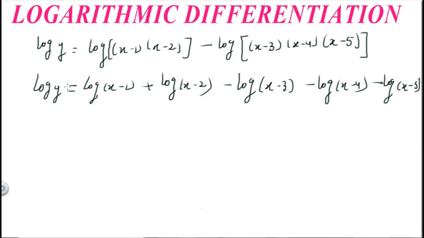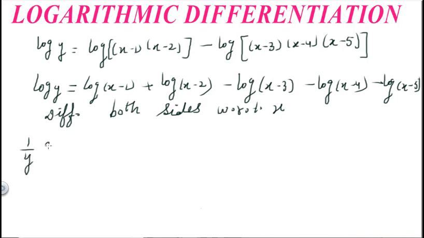Now we can differentiate both the sides with respect to x. So you will write differentiating both sides with respect to x. Clear? So when we differentiate both the sides with respect to x, we will get 1 by y dy by dx. Here see, what will be differentiation of log of (x minus 1)? It will be 1 upon (x minus 1).